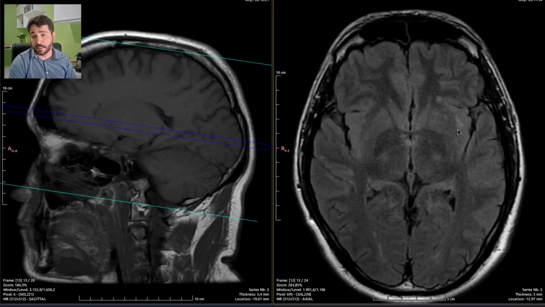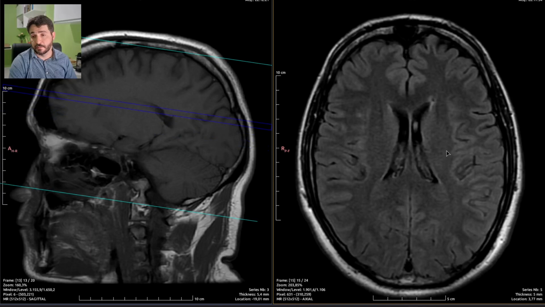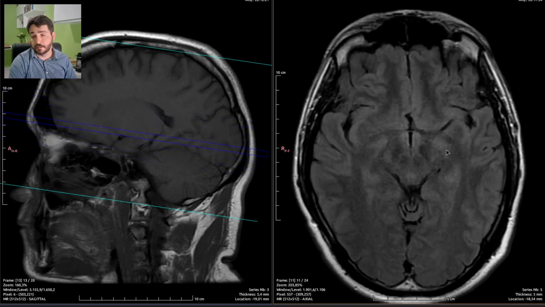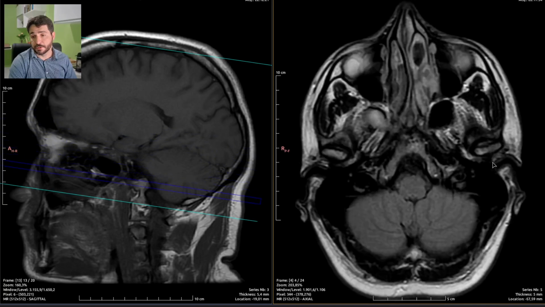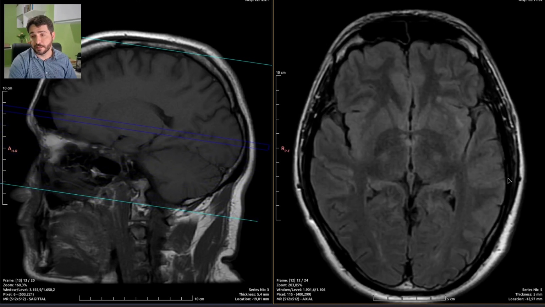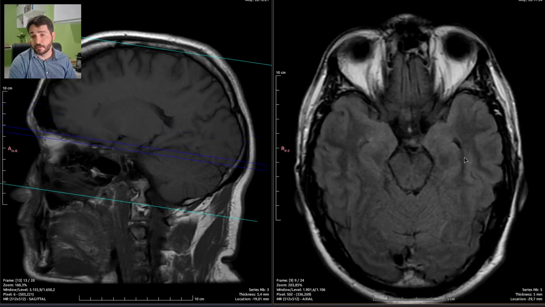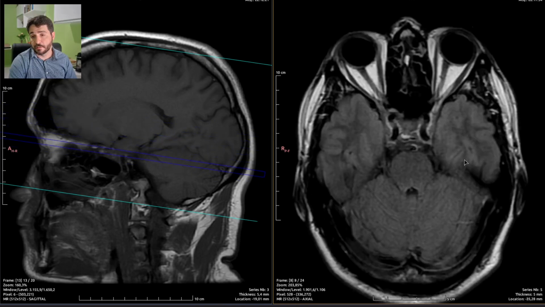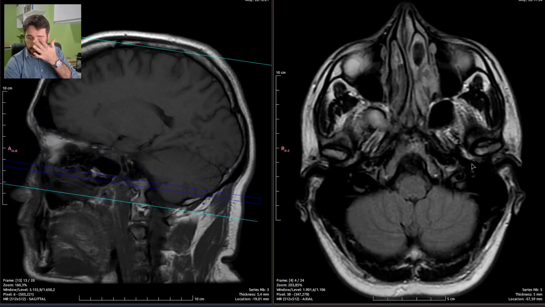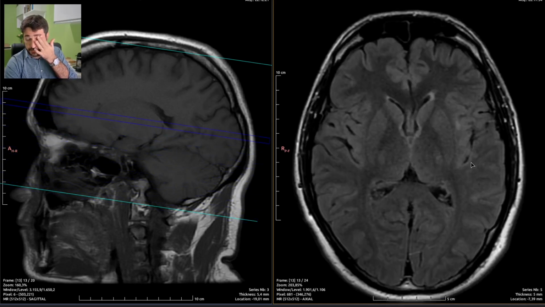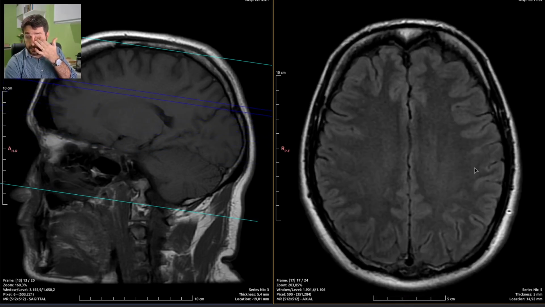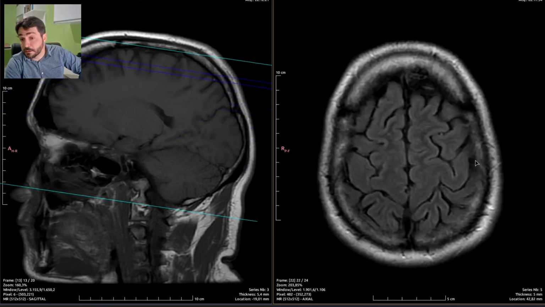There is a tiny bright signal here and there. This is very odd. This could be just acquisition artifacts, but I might just report it as tiny subcortical areas of bright T2 flare signal intensity spots.